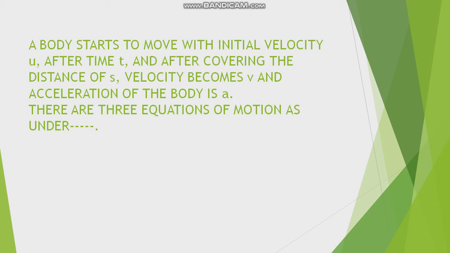First of all, this information is provided to us. A body starts to move with initial velocity u. After time t and after covering distance s, the velocity becomes v, and the acceleration of the body is a.